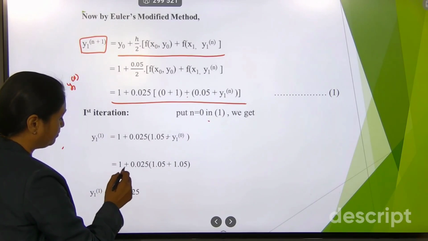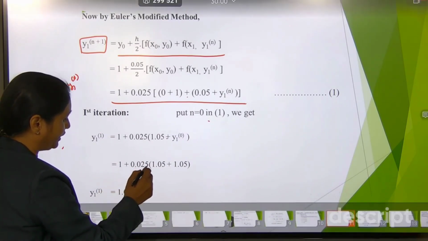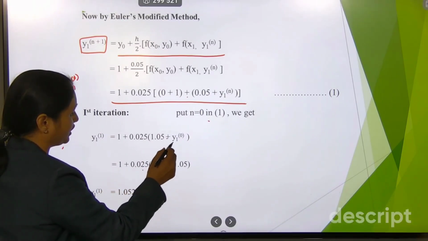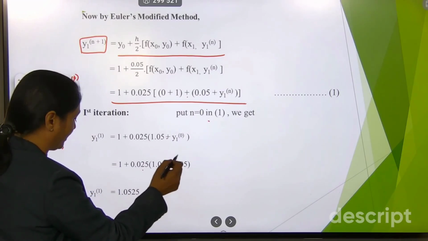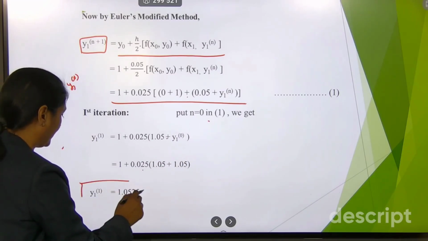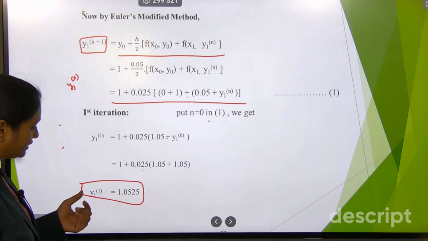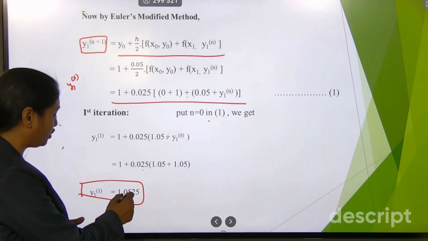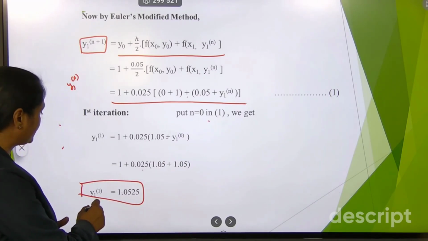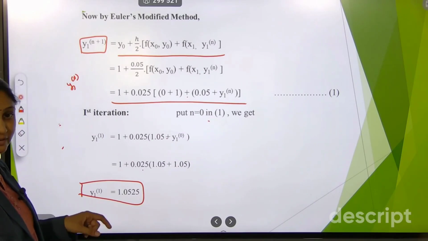So we get 1 plus 0.025 into 1.05 plus y1 0, which is 1.05. And this is the value of y1 1, that is equal to 1.0525. This is the value of y1 after the first iteration.